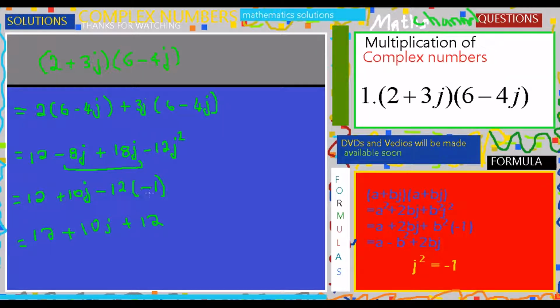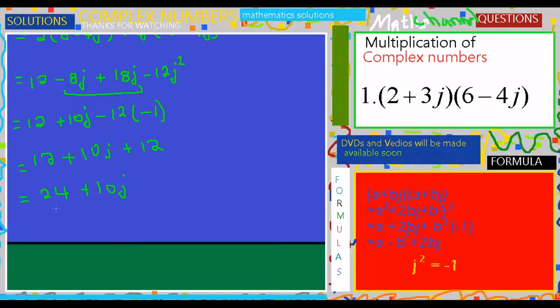So this multiplied by that, and -12 multiplied by -1 is +12. Adding the 12, you have 24 plus 10j. So this is how you multiply complex numbers. Let's see the next one.